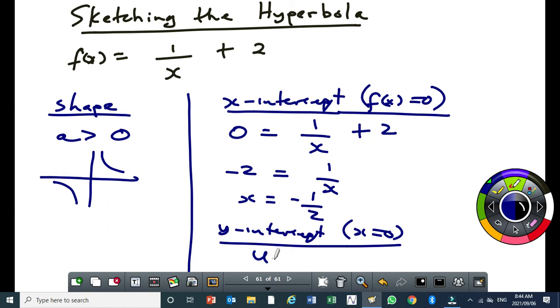Your y-intercept is undefined. Okay? Y-intercept is undefined. Or you can say no y-intercept. Okay? There's no y-intercept. Then the equations of asymptotes.